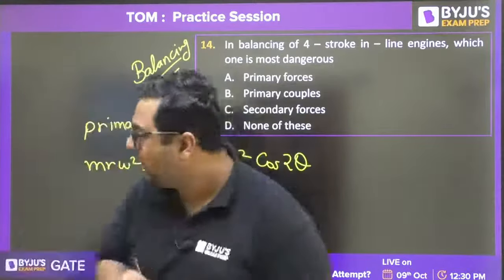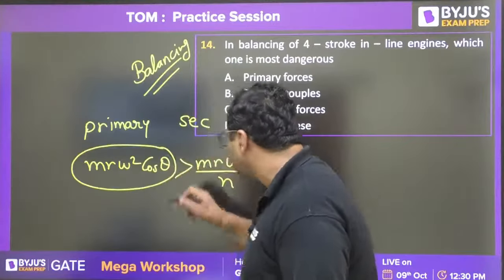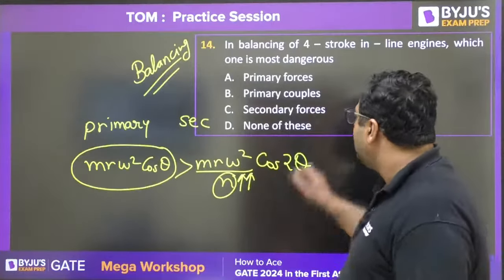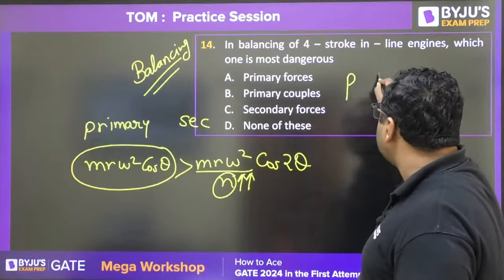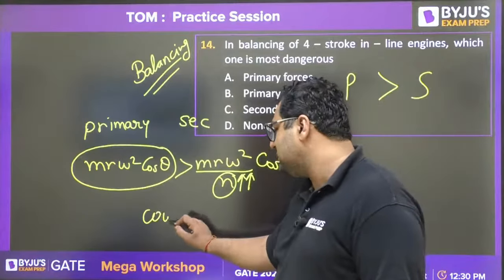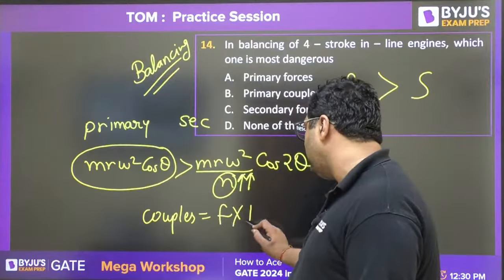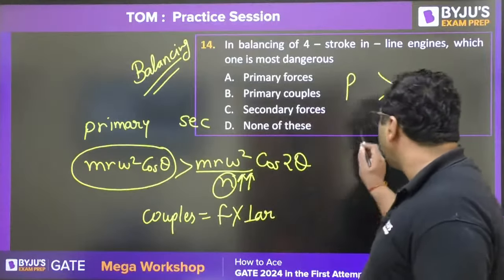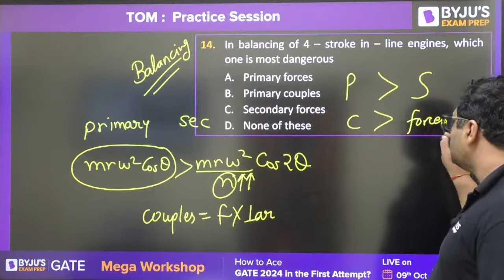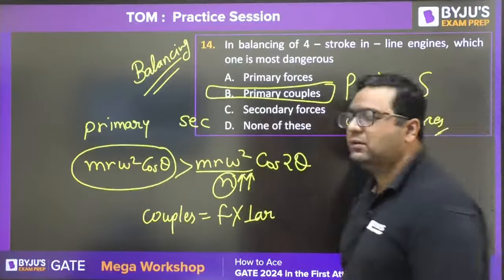First of all, mr omega square cos theta is much bigger than this because n is a very large term. So primary are more dangerous than secondary. Then you know couples are given as force into perpendicular distance. So generally couples are more dangerous than forces. So the answer will be primary couples. They are the more dangerous thing.